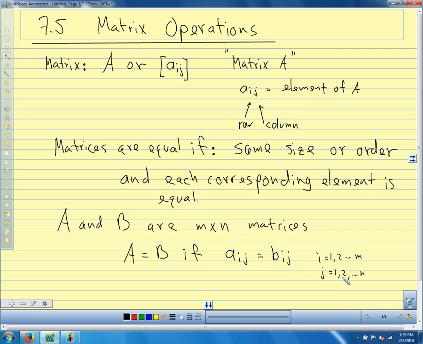So we're matching up the corresponding elements, and each one has to be exactly the same for our two matrices to be equal.